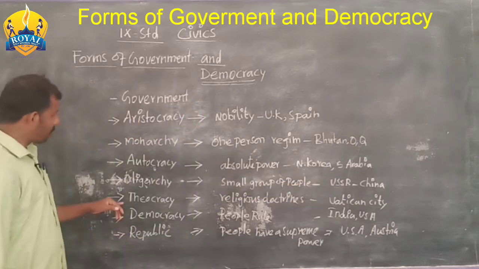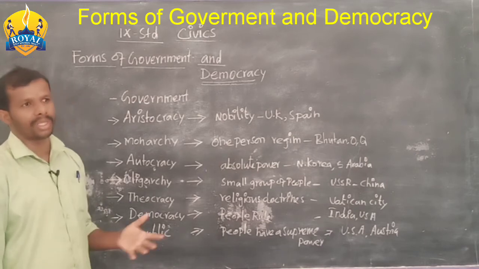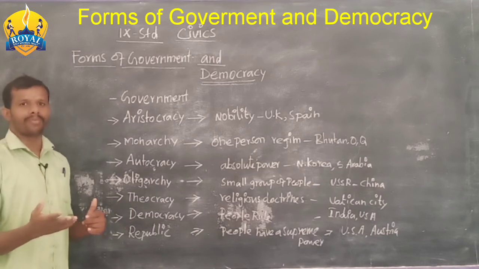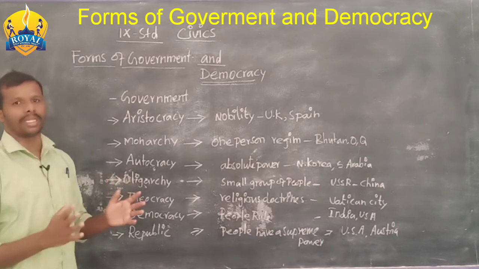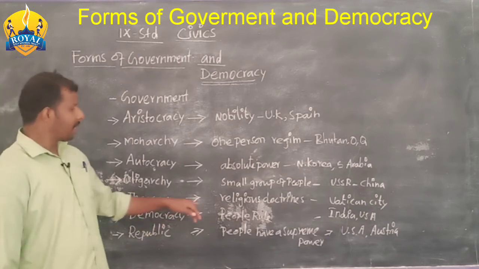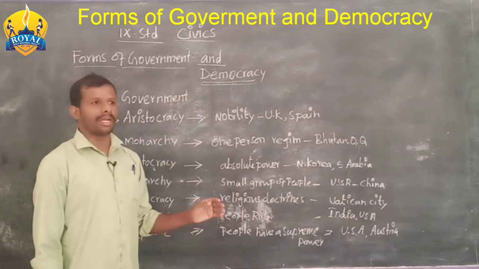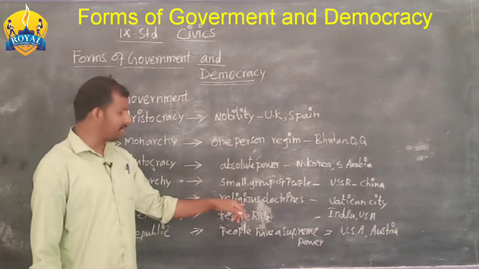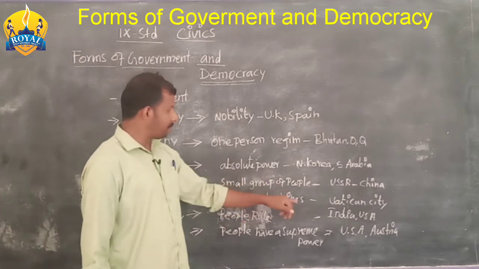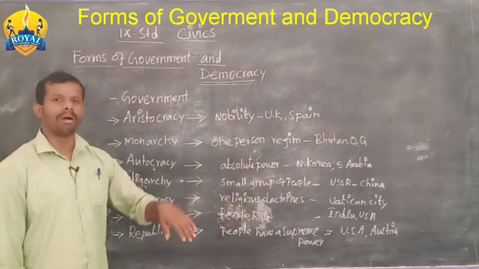The next form of government is theocracy. Theocracy, what do you mean by theo? Theo means God. A country governed in the name of God is called a theocracy. Here the religious doctrines are the major concept of the administration. Here the ruler calls himself a God.